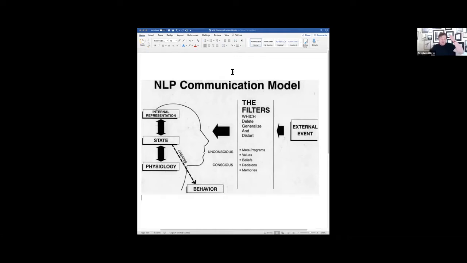What it's saying is the way anybody interprets that event first goes through their filters. That is based upon, I'm not going to get into explaining it, meta programs, the way they view the world generally, their underlying values, their general belief about the world, decisions that they have made in the past, memories of what's happened in the past.